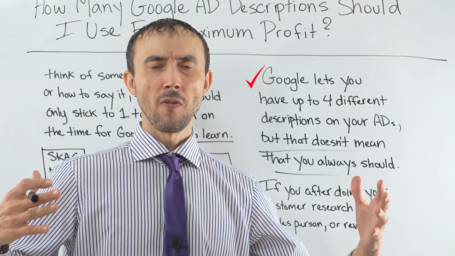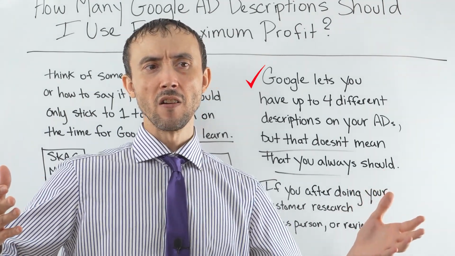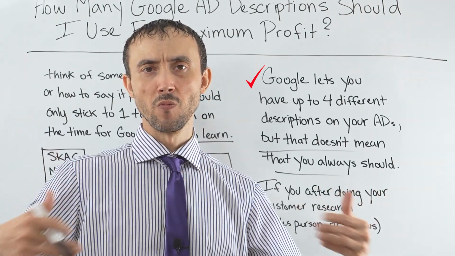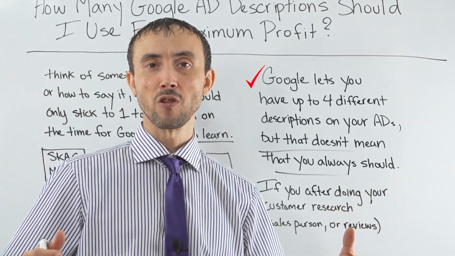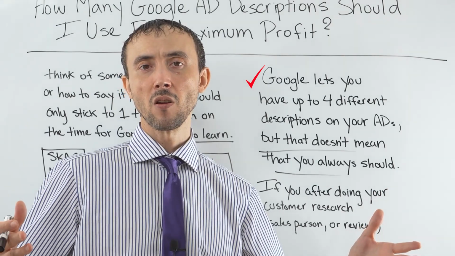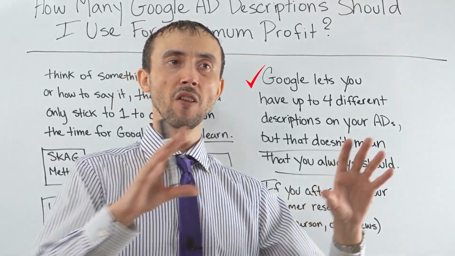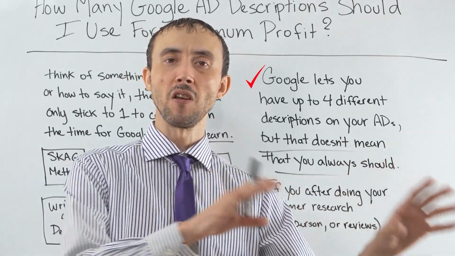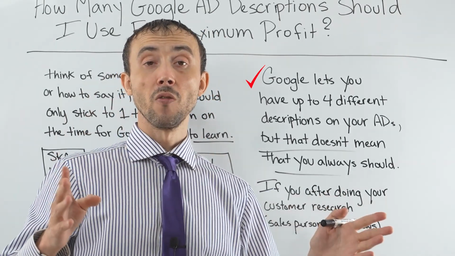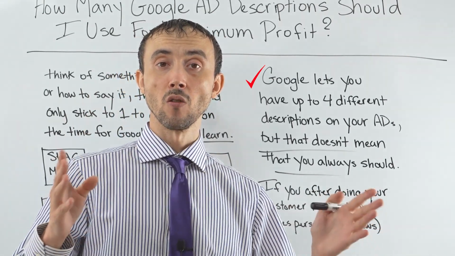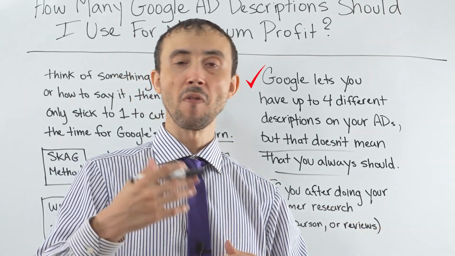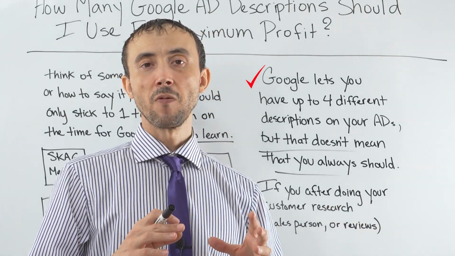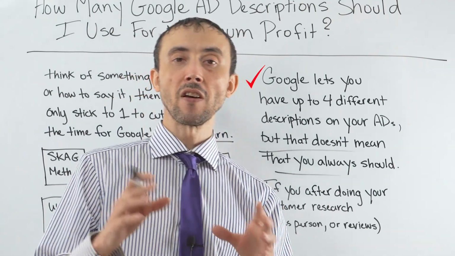And if you don't even know if one's better than the other and just vomited whatever you were going to do onto the 4 descriptions there, you're better off just sticking with one, because of the time it's going to take Google to find you the right placement in the algorithm, because that's what they're always doing. That's why it takes so long to make money with ads most of the time, because on top of everything I told you earlier, Google's got to figure out, is it male versus female that convert well for you?